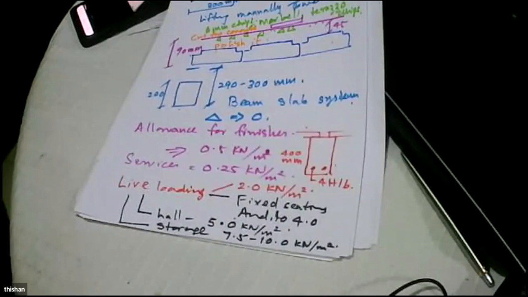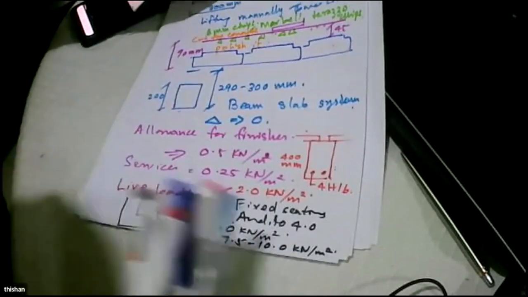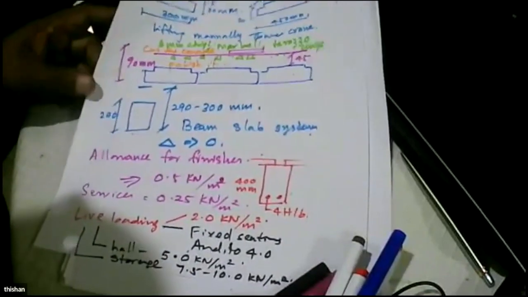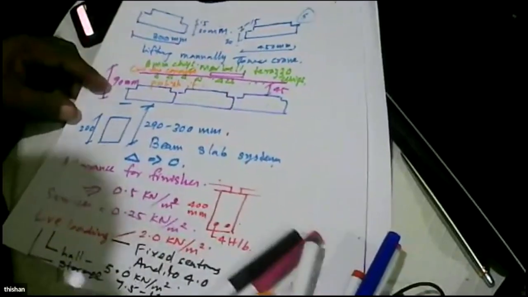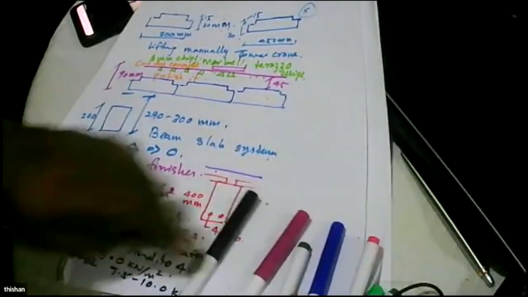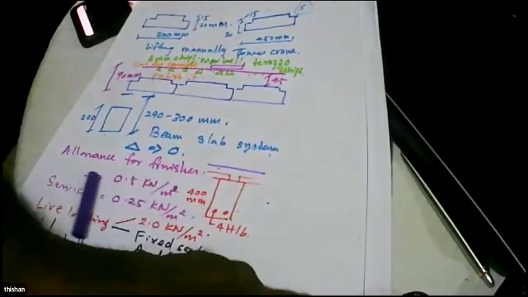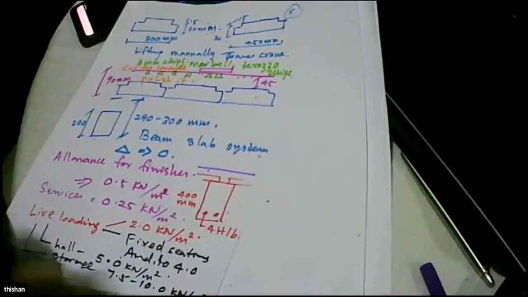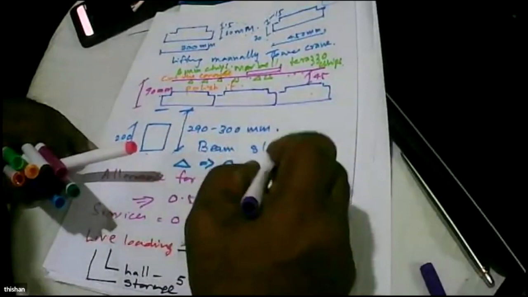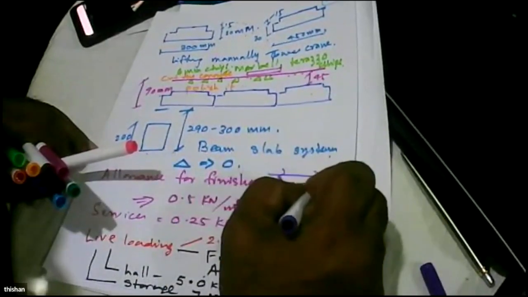And then the other important thing is the beam is a flange beam. So we have this situation. Can there be a shear failure here?